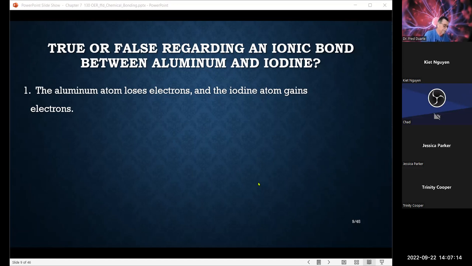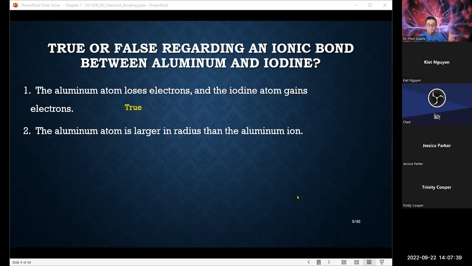What do you guys think? Or is it the other way around? Is it iodine gains electrons or loses electrons? That's a true statement. Metals, aluminum, lose electrons. Iodine is a nonmetal, they gain electrons.